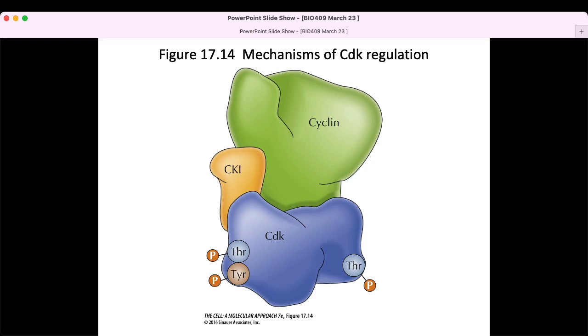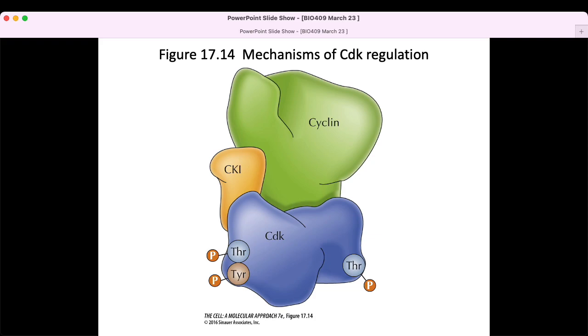So we have the CDK. That's just a protein, not an enzyme? It is an enzyme because it's a kinase, a cyclin-dependent kinase, and kinases are always enzymes. Their function is to grab a substrate and phosphorylate it. And when you say CDK regulation, are you saying there's a gene that also regulates CDK?